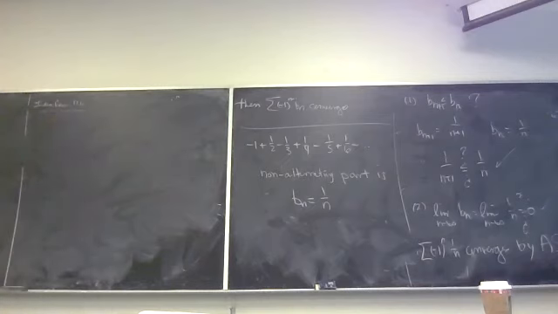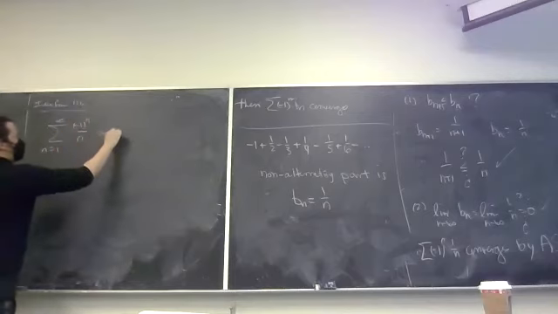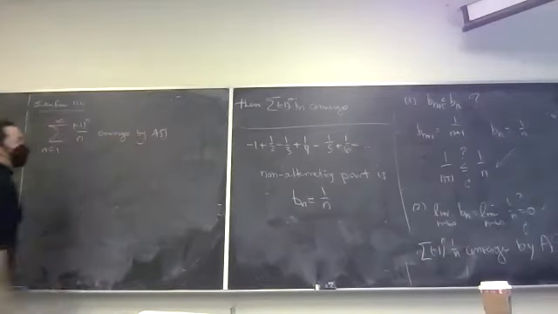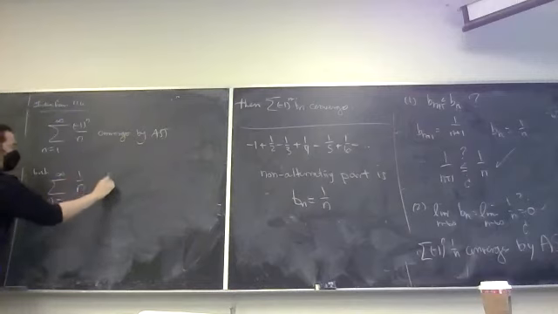So the idea is that some series are more convergent than other series. So this guy converges by the alternating series test. But this guy diverges.